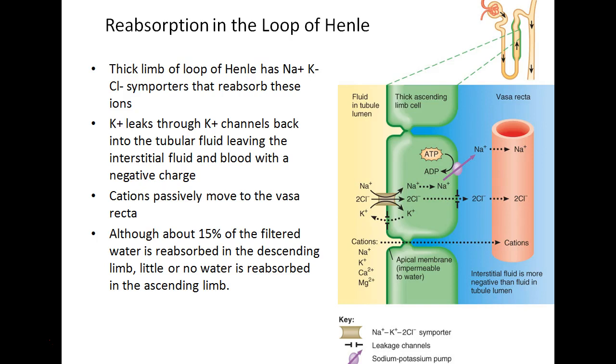In this ascending limb, we're going to get substances like sodium, chloride, and potassium absorbed, as well as some calcium and magnesium. So overall, in summary, in this nephron loop, water gets reabsorbed through osmosis, and we have active transport of those important other ions.